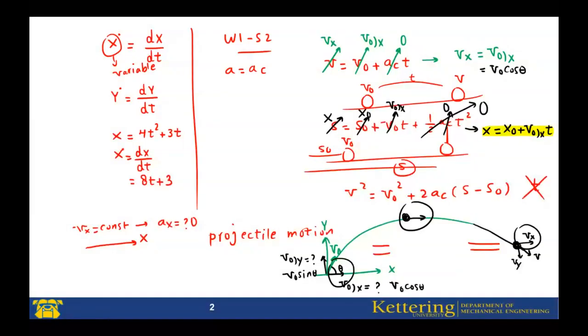Why do I need this one? For example, go back to the example of the football player. The football player kicks the ball with the initial velocity of v0, and you want to know how much is the distance that this ball travels before it falls to the ground.